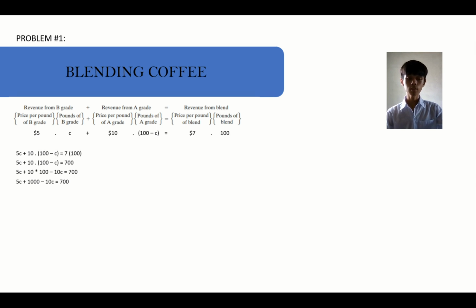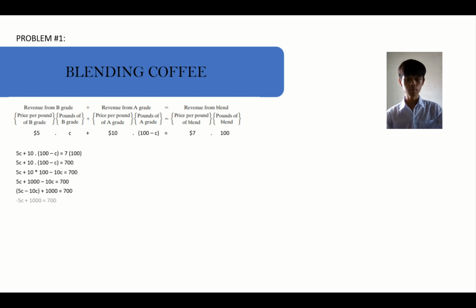Combine like terms. So open parenthesis 5C minus 10C close parenthesis plus 1000 equals 700. Let's first solve inside the parentheses.